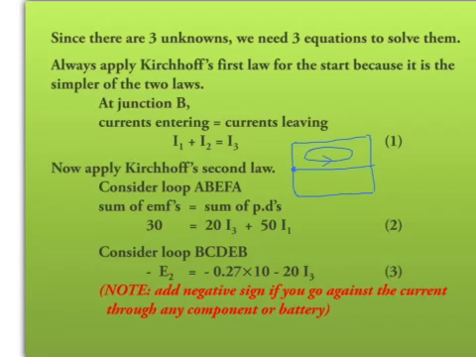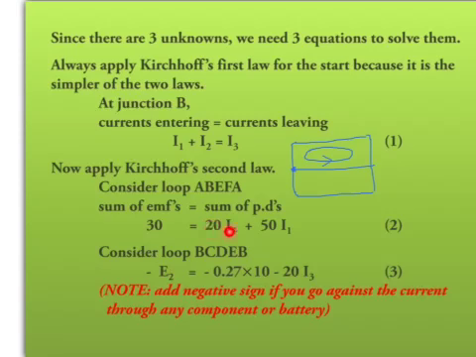The sum of EMFs equals the sum of potential differences. The voltage produced must be equal to the voltage used. There is a cell here with an EMF of 30 volts. Then as it goes through the loop, there's a resistor here with a resistance of 20 ohms.